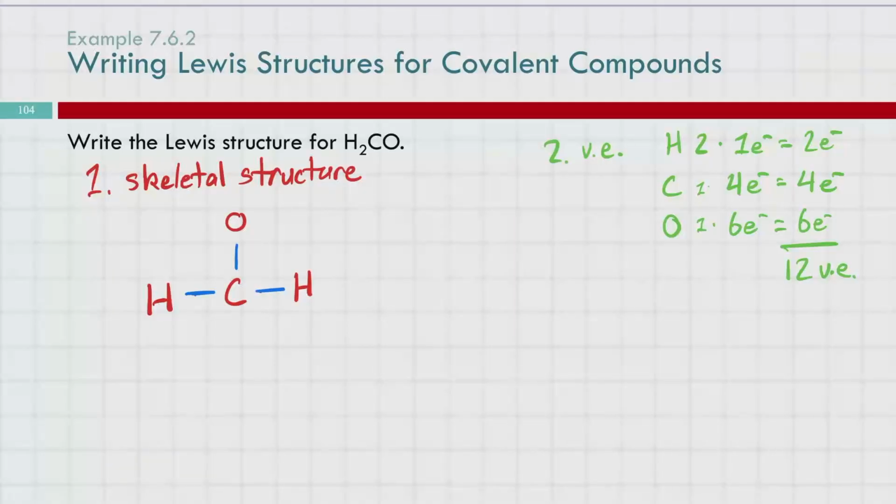Our carbon can connect to our oxygen. How many bonds have we placed? 3 bonds, but we placed 6 electrons. So minus 6 bonding electrons, which leaves us with 6 remaining electrons.